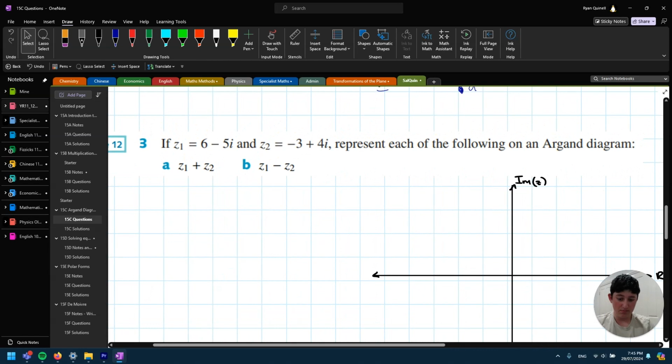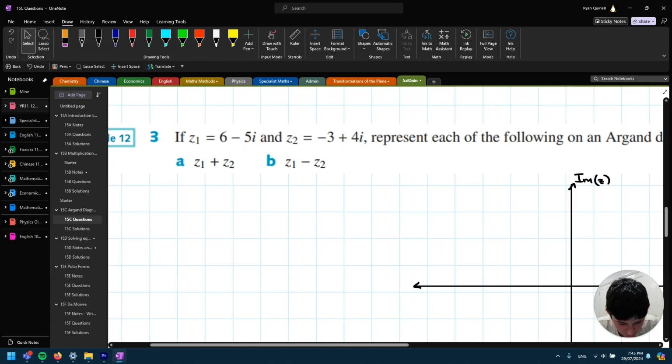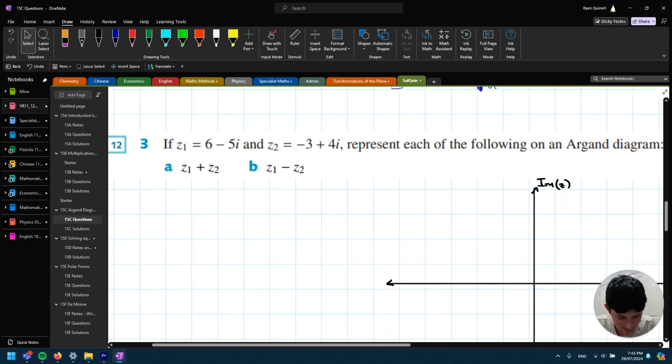Now we're going to do some complex number addition and subtraction, sorry. Multiplication comes later.